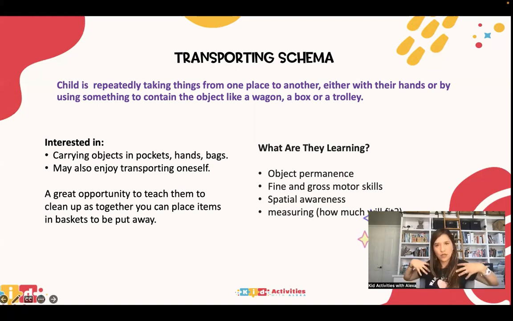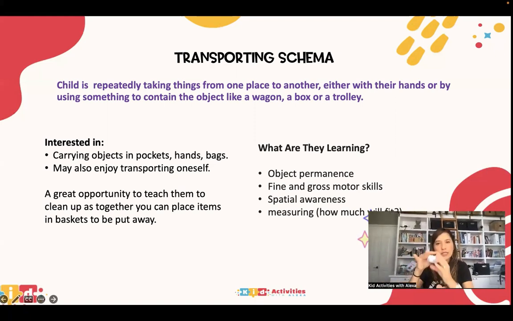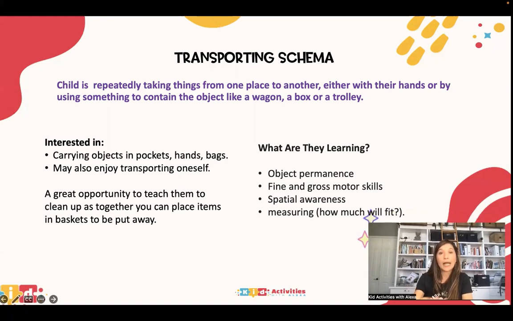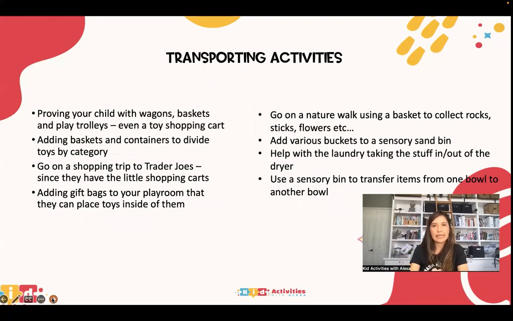They're using all of their bodies to push these trolleys or wagons across, as well as the fine motor, holding little toys and putting them in. So they need to use their little finger muscles to transfer things. They are working on spatial awareness and measuring, like, how much can I put in there? Will it fit? So lots of science and math going on with these schemas.